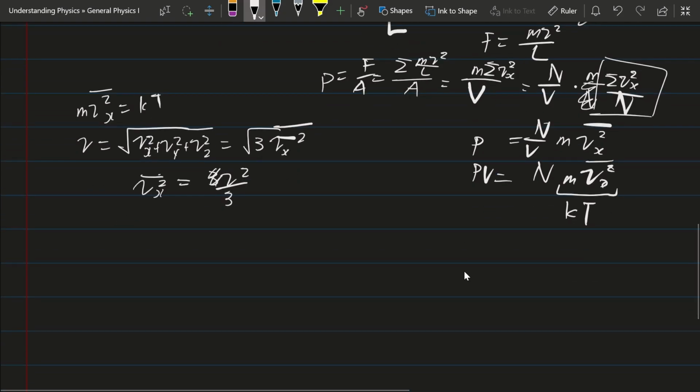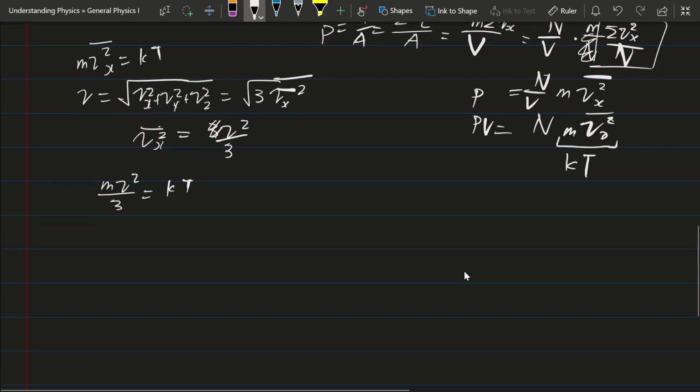So if you transform this again, you would get m v squared over 3 is kT. Well, this is not truly helpful, right? But let's multiply both sides by 3 over 2. So we'd get m v squared over 2 equals 3 over 2 kT.